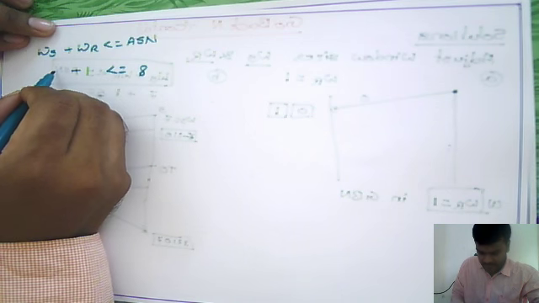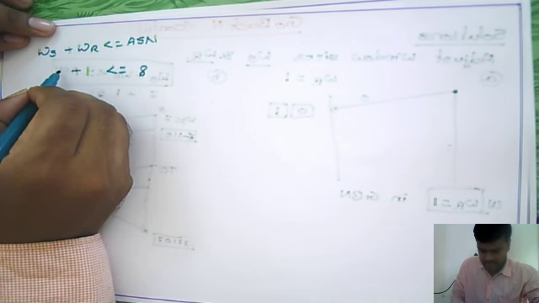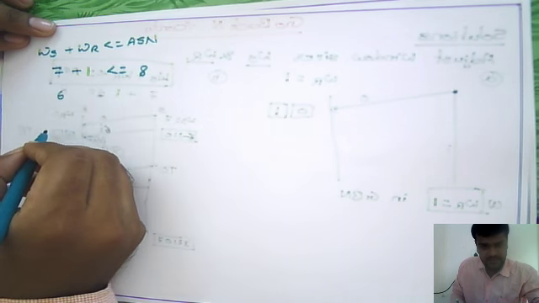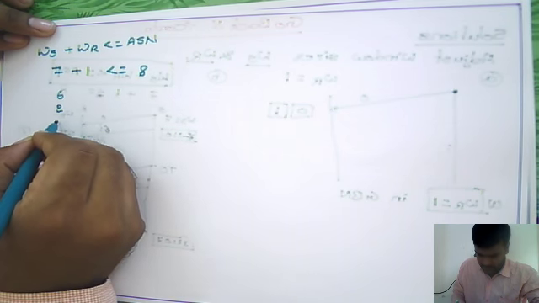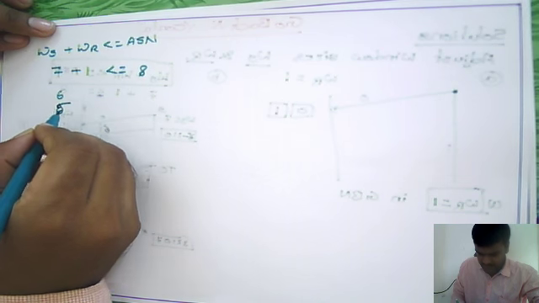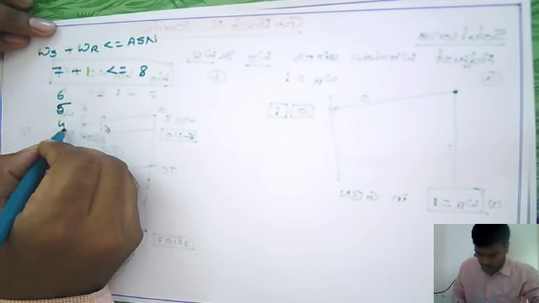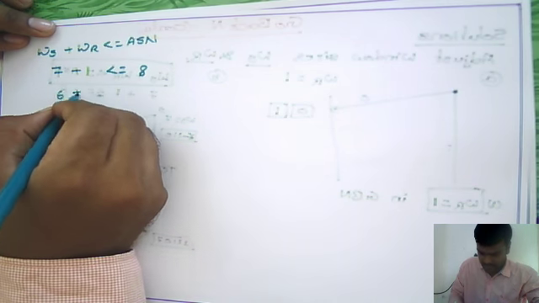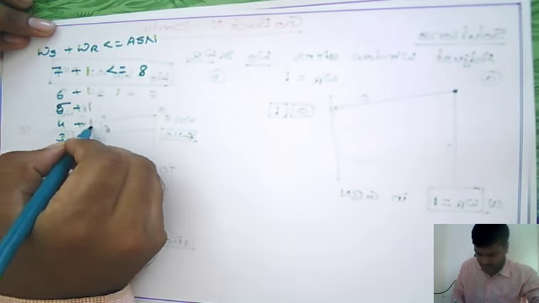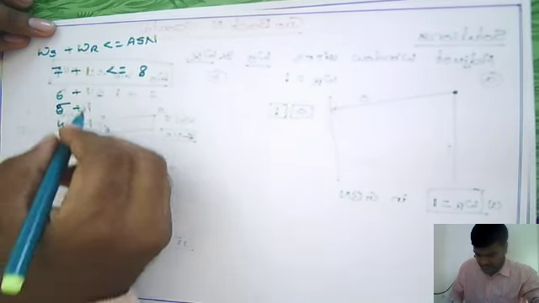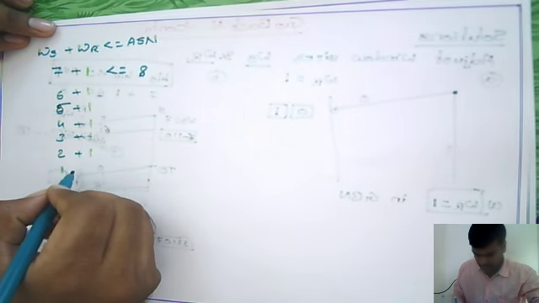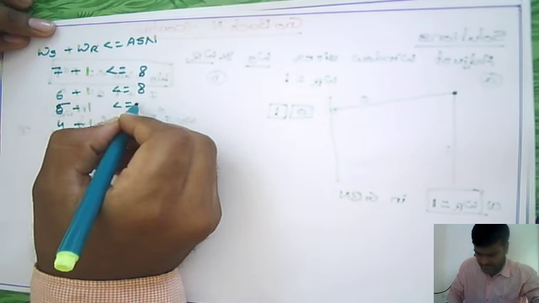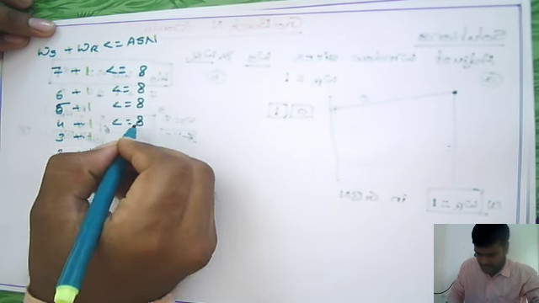So many possibilities are there: sender window 7 is possible, then 6, 5, 4, 3, 2, 1 are possible, plus 1 each. In all the cases the receiver window size is always 1. So this is less than or equal to 8.